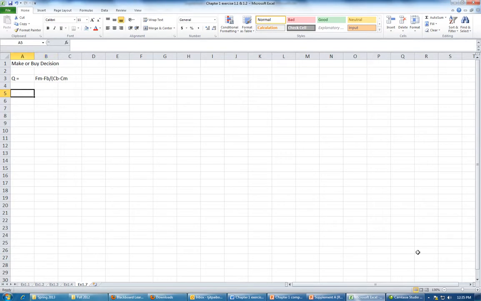Okay, for this example, when you make, meaning you are doing the computer-like system, the fixed cost FM is 1.3 million, and then the variable cost is $2.25.